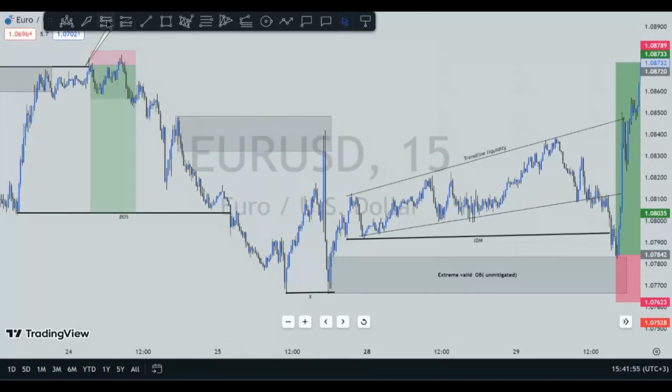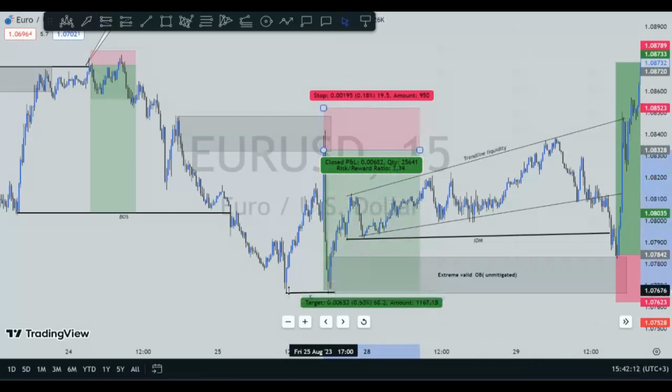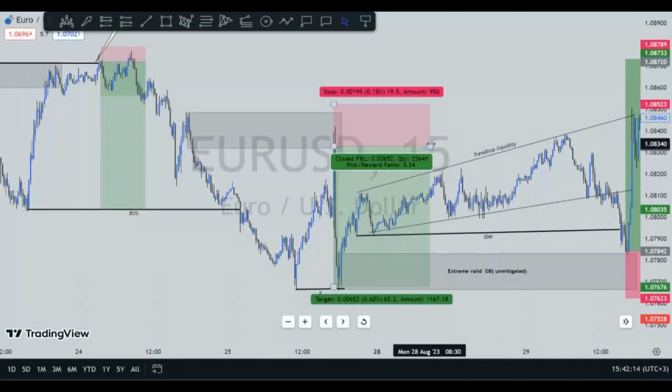So you can place your trade on this order block. It was unmitigated. And then put your stop loss just pips above, and then take profit at this low right here.